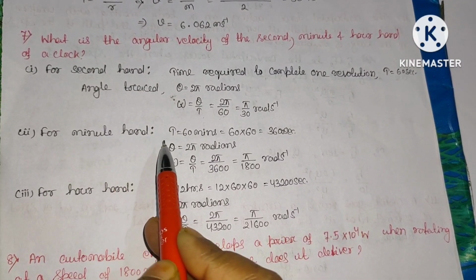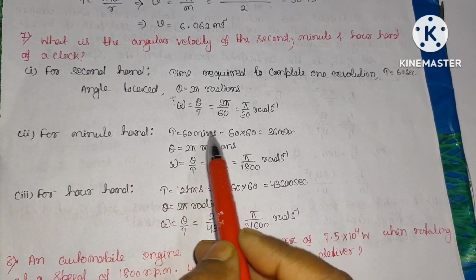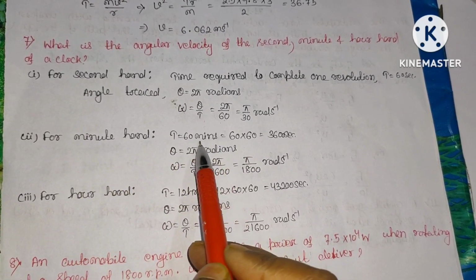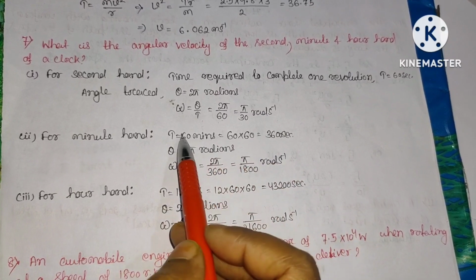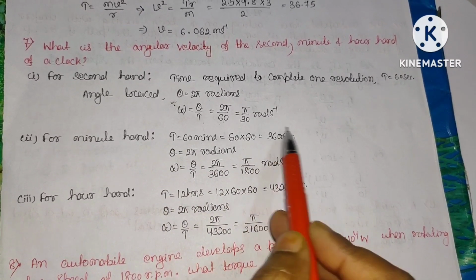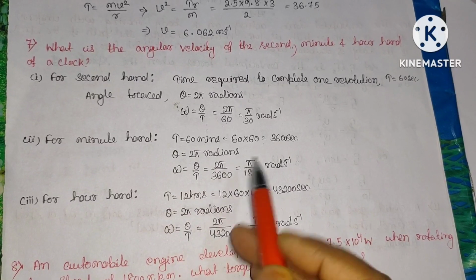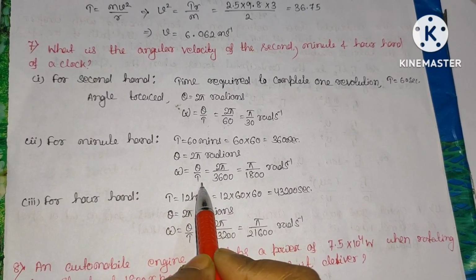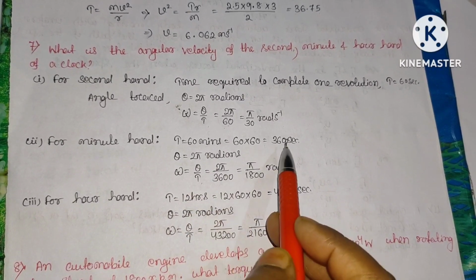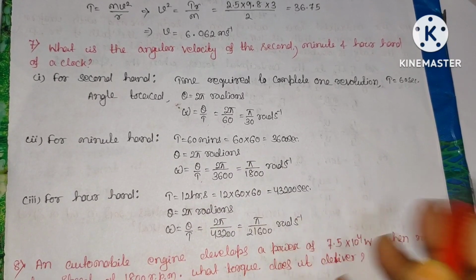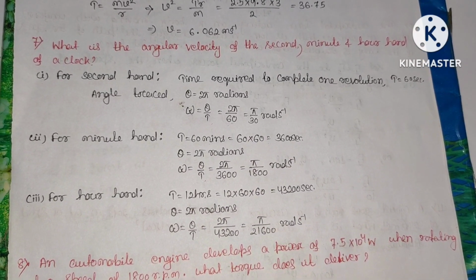Similarly for the minute hand, the time t will be 60 minutes. 60 minutes means 60 into 60, that is 3600 seconds. Similarly, one revolution is theta equal to 2 pi radian, omega equal to theta by t. Theta is 2 pi divided by 3600, so that will become pi by 1800 radian per second.